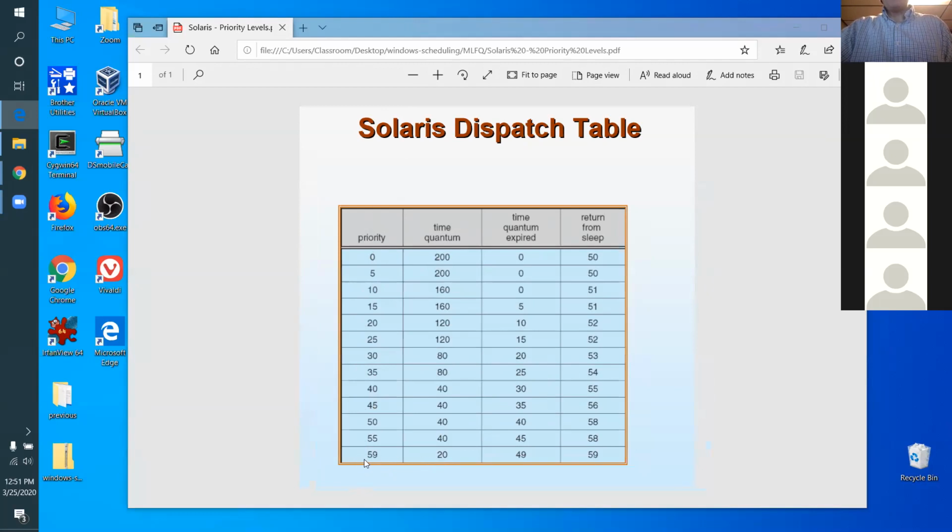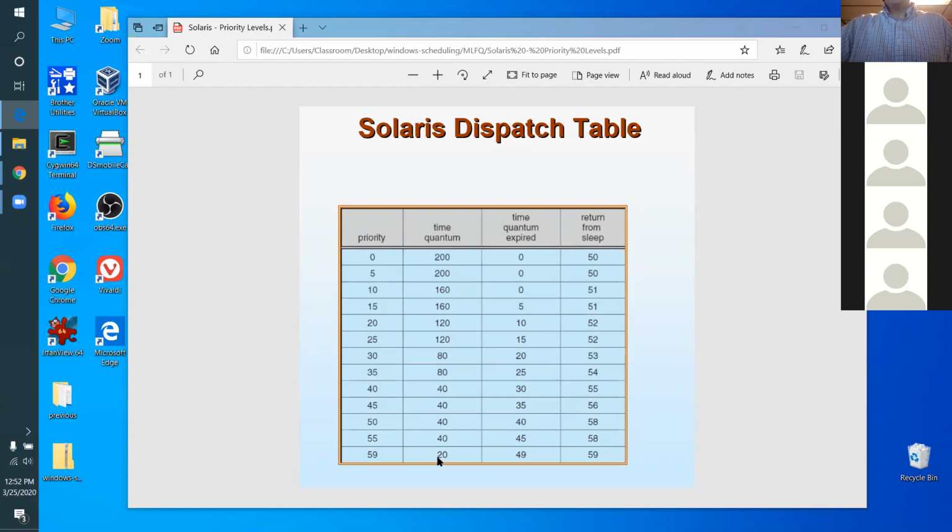So a very IO bound process would be up here in priority level 59. It only gets a 20 millisecond time slice. Well, because if you're a short job, the idea is you're probably going to be asking for IO real fast. 20 milliseconds, remember, is millions of CPU instructions. So that gives a process plenty of time to do another IO request.